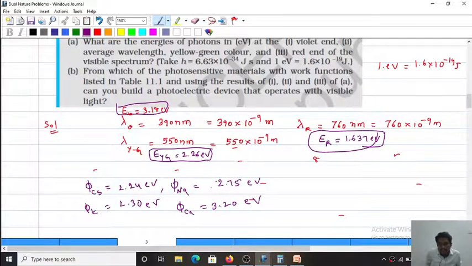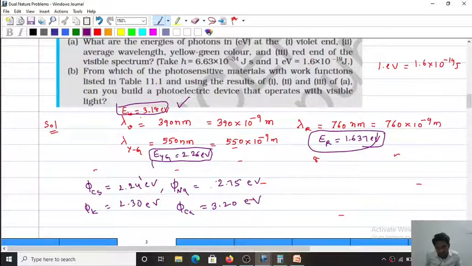So the energy of violet color is about 3.18. With violet light, the energy of light should be more than the work function, then only it can cause photoelectric emission. So the energy of violet light is 3.18.